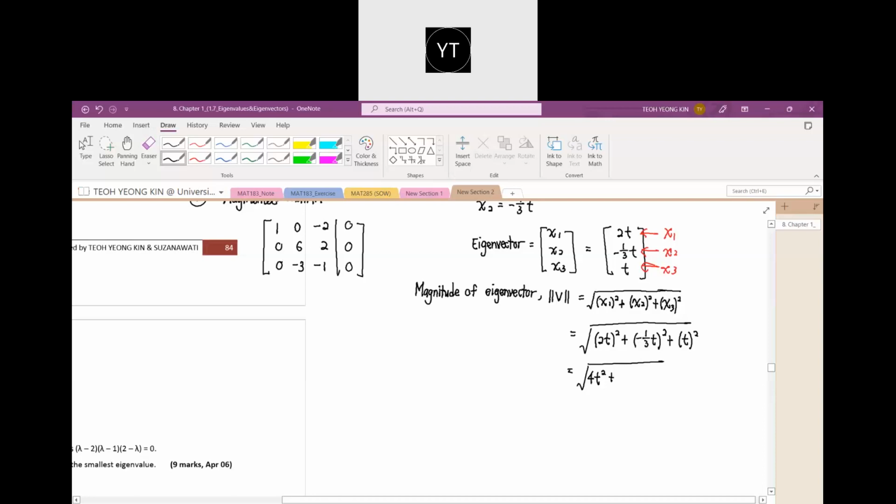Negative 1/3 bila kita kuasa 2 akan jadi positif 1/9 t squared plus t squared. So by using a formula, 4t squared plus t squared is 5t squared. So I just put 5 plus 1 over 9. This one, 46 over 9 t squared.